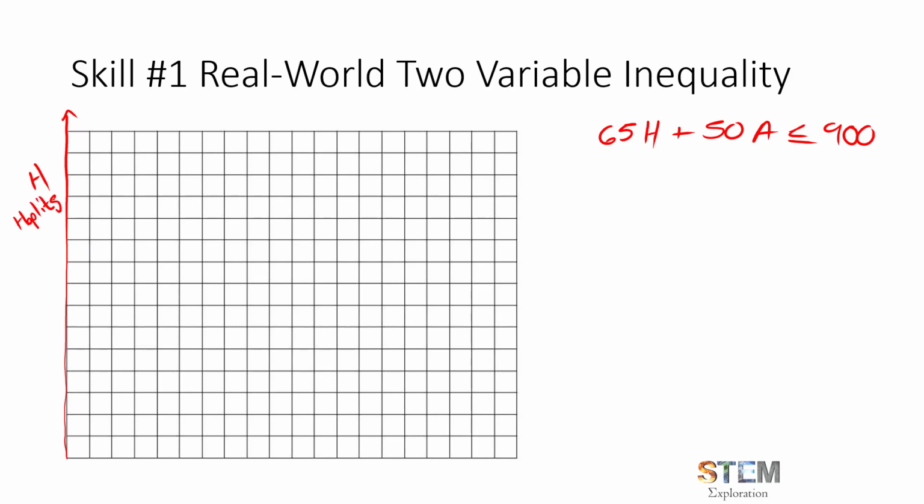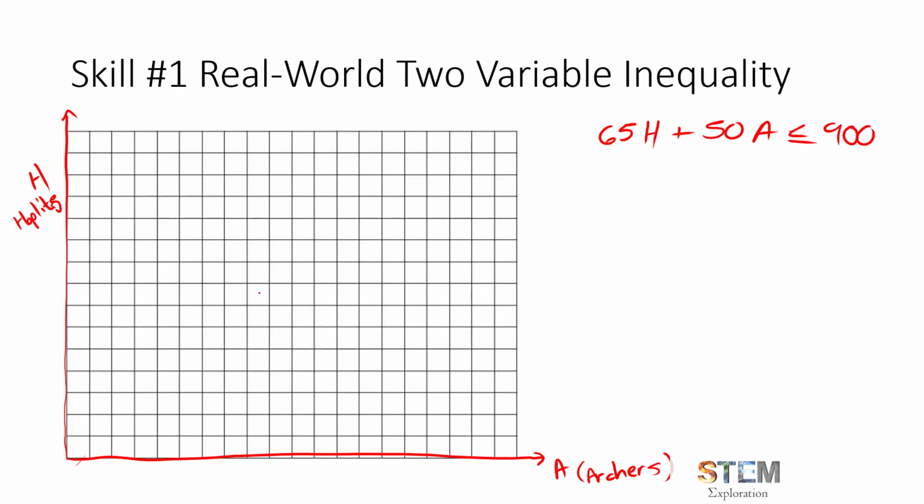And let's look at the x-axis here, and let's label this as our archers. Now, it doesn't necessarily matter which orientation you choose unless the problem specifically tells you. I'm just choosing it for this specific format so that we can see how this would work.